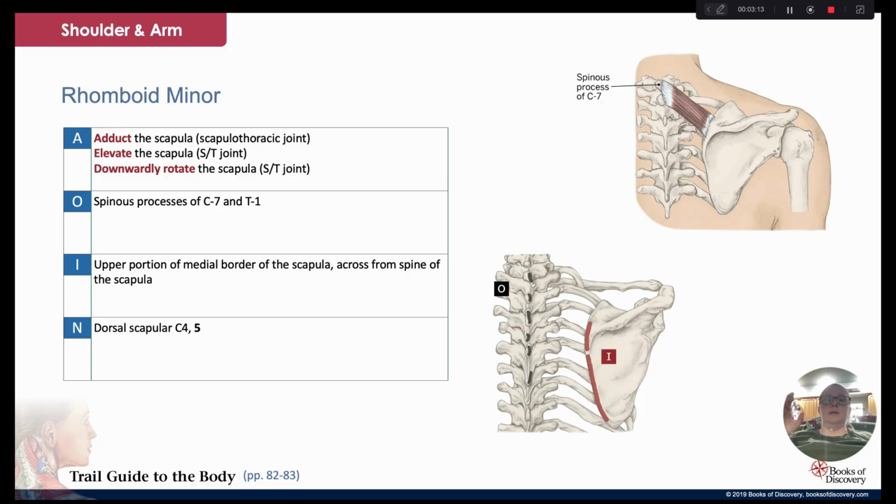So that is where this muscle originates. It goes downward at an angle and connects to that medial border of the scapula across from the spine of the scapula. So just know that rhomboid major tends to be kind of below. Rhomboid minor is that top part of the scapula. All right.